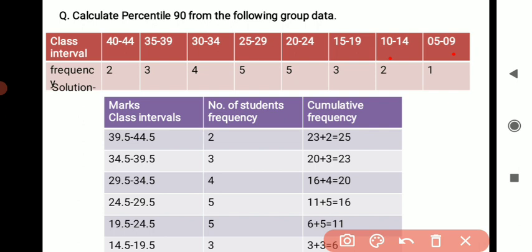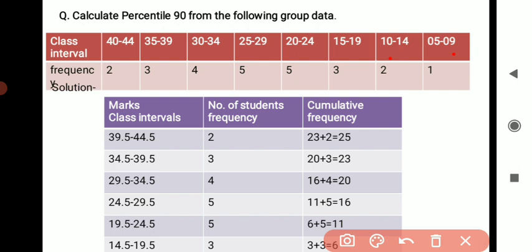Next, you have to observe whether the given class intervals are in ascending or descending order. You can observe that the given class intervals here are in descending order. So to solve these types of questions, the first step is to find the cumulative frequency.